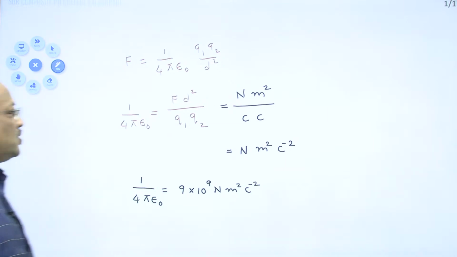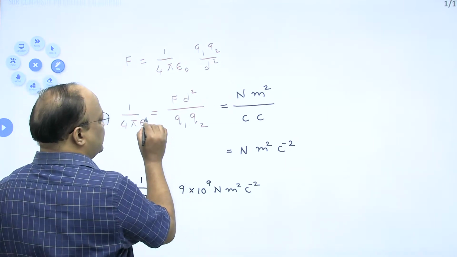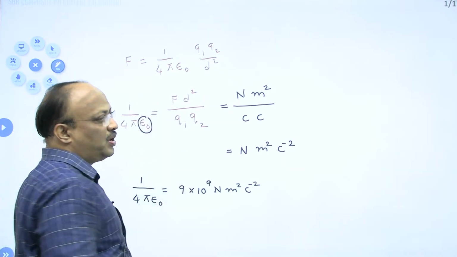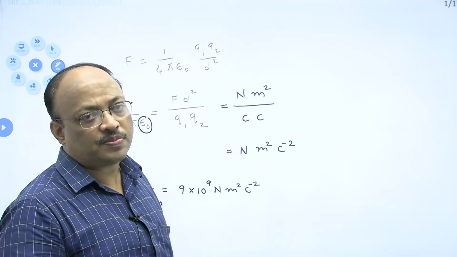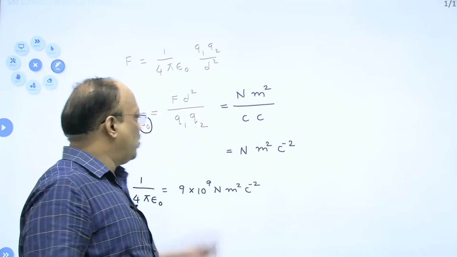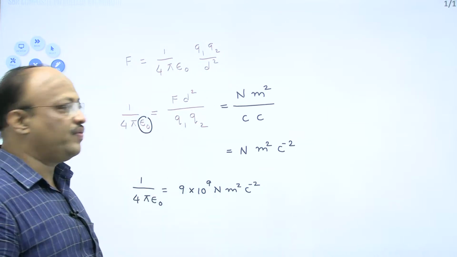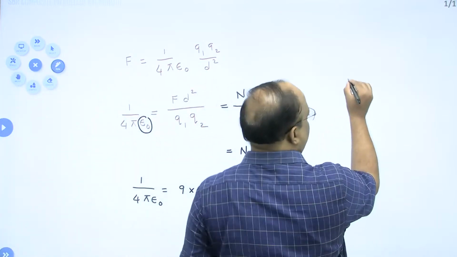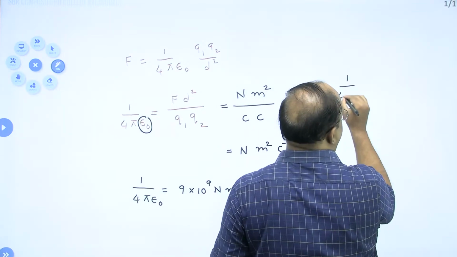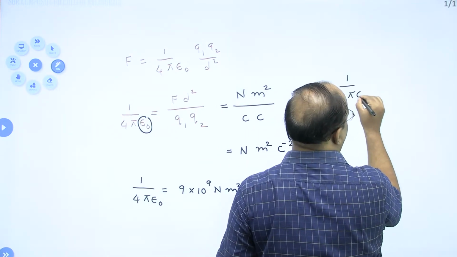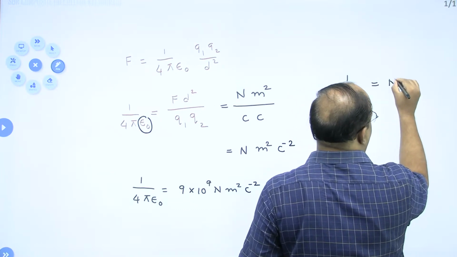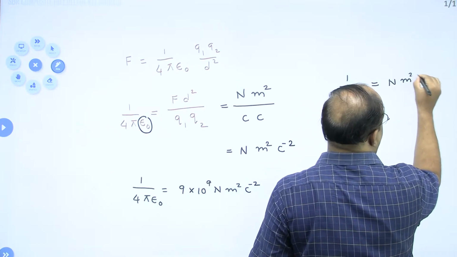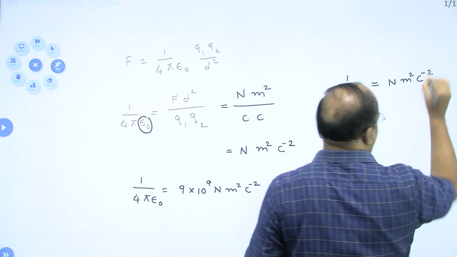Okay. So now, what is the unit of this epsilon naught, permittivity, which is 8.854 into 10 to the power of minus 12? We will find out. Say 1 by 4 pi epsilon naught, its unit is Newton meter square per Coulomb square.